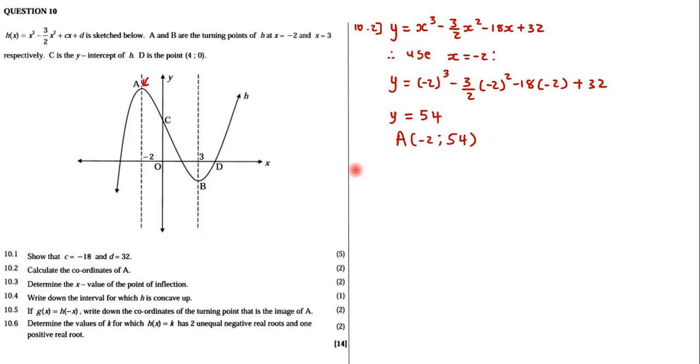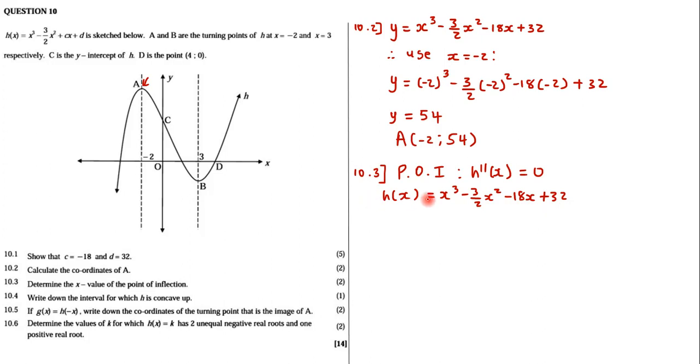Alright, let's look into the next question. The third question says determine the x value of the point of inflection. The point of inflection, I like to call it POI, you get when you take the second derivative and make it equal to 0. We have our equation x cubed minus 3/2 x squared minus 18x plus 32.